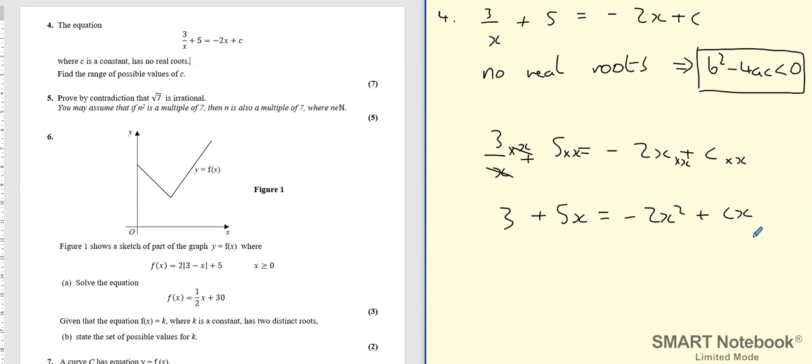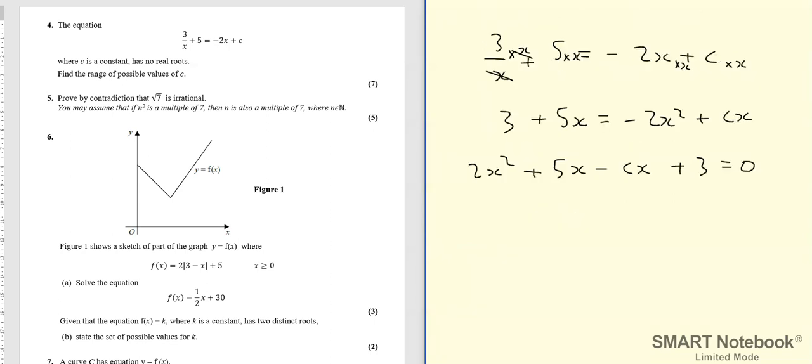To make this easier to deal with, I am going to bring everything over to one side, and I like to do it where x squared is positive. So 2x squared plus 5x minus cx plus 3 equals 0. And you notice here that there are 2 x terms.